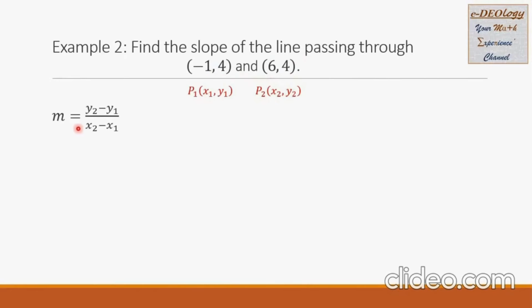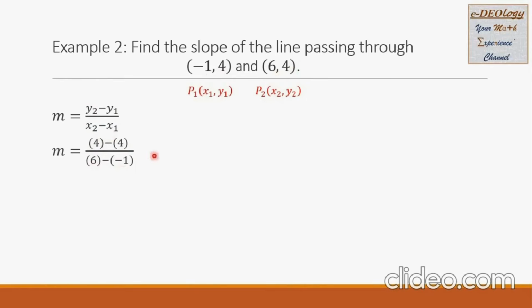We collect now the values. Y sub 2 is positive 4, minus y sub 1 is 4, all over x sub 2 is positive 6, minus x sub 1 is negative 1.